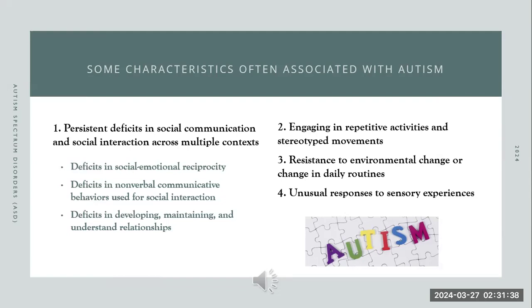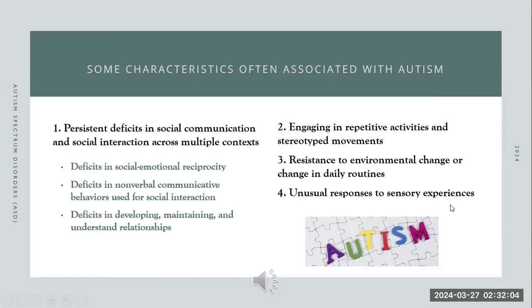They have interests that are abnormal in intensity or focus. They have a strong attachment or an excessive preoccupation with unusual objects. So that is important to know. And the fourth one is that they have unusual responses to sensory experiences.